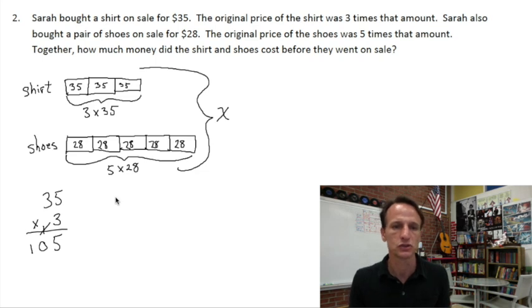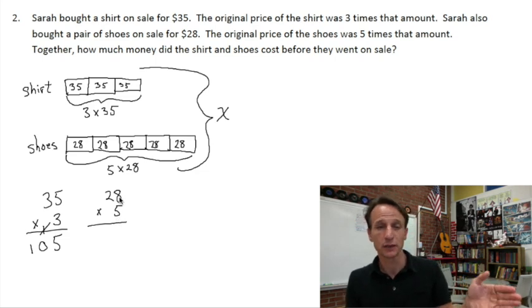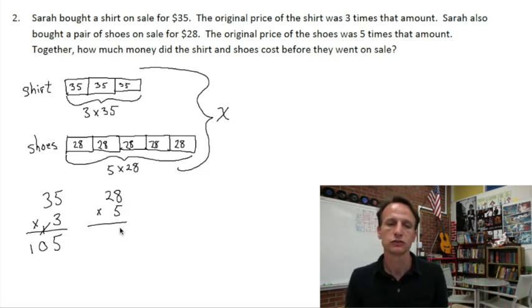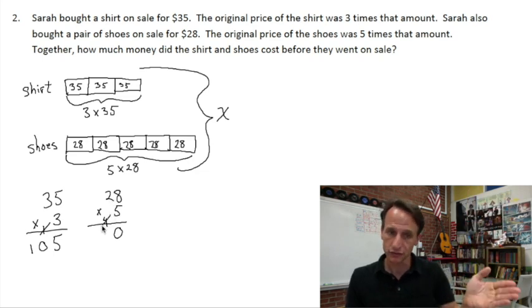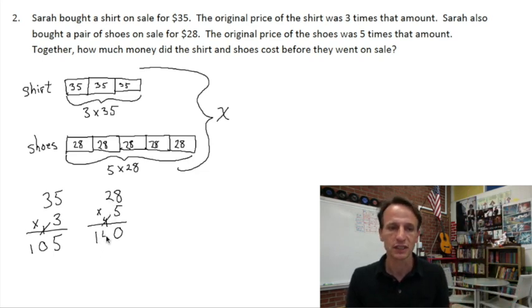Let's do the shoes now, which is 28. And originally cost 5 times that. Pricey shoes, yeah. All right, so 5 times 8 is 40. We place a 0 and regroup the 4 in the tens place. 5 times 2 is 10, plus 4 is 14.